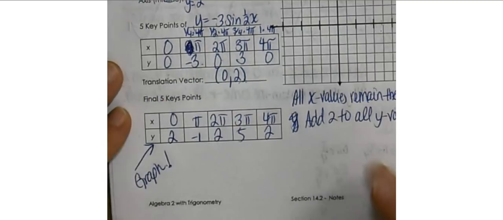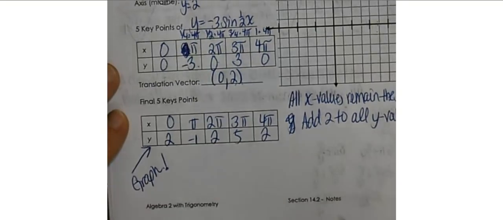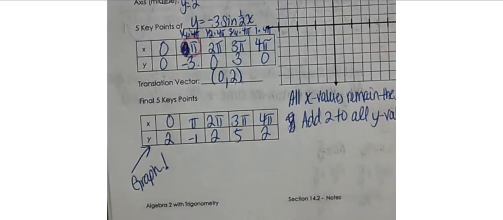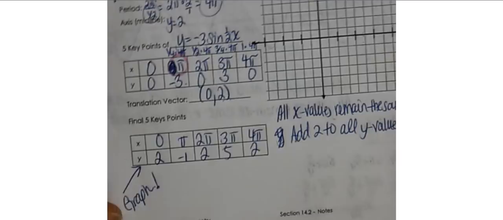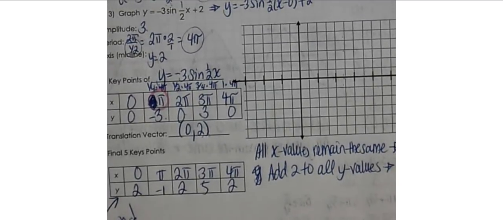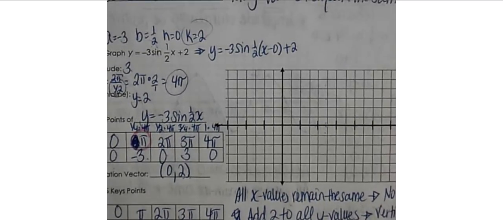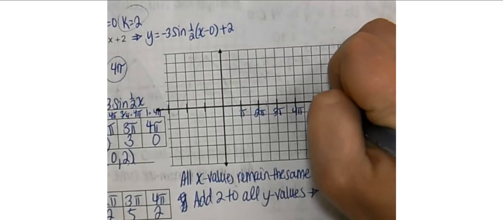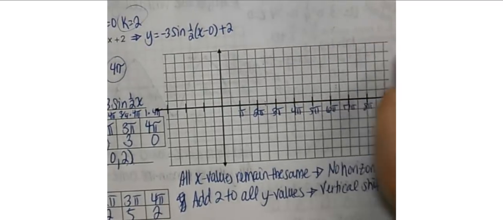So what should we make our x values go by? It's always going to be the second x value of our first table, and so we're going to make all of our x values go by pi's. So I'm going to label my graph: pi, 2 pi, 3 pi, 4 pi, 5 pi, 6 pi, 7 pi, 8 pi, and 9 pi.